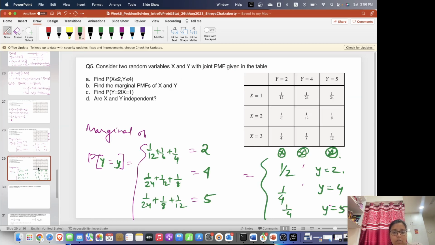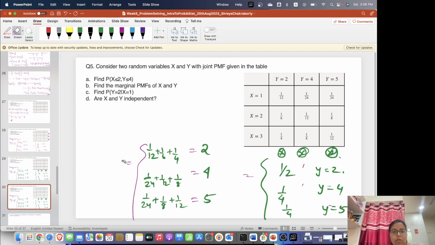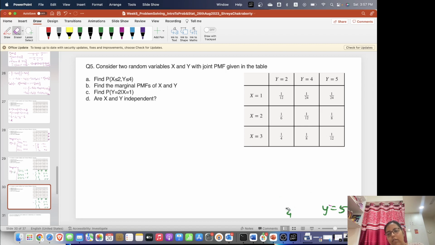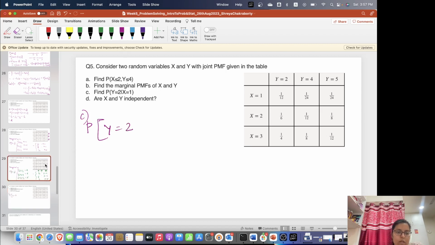So the next question is this thing. Find the probability y equal to 2 given x equal to 1. So using the formula for conditional probability, what should we have? The previous one was marginal of y.